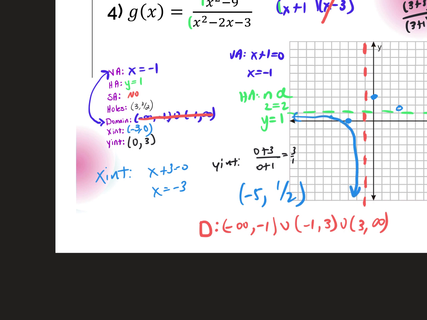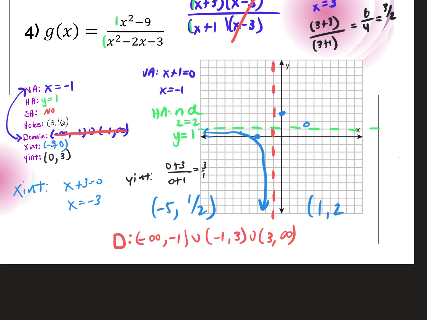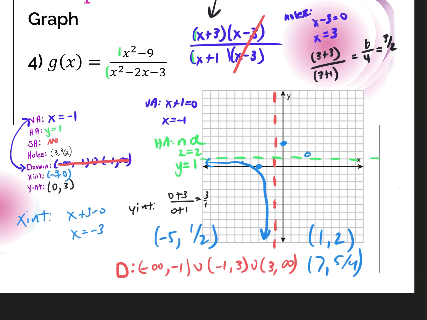And then on the right-hand side, what's 1? 1, 2, and then what's 7? Okay, so at 1, I'm at 2. And at 7, 1, 2, 3, 4, 5, 6, I'm at 5, 4.